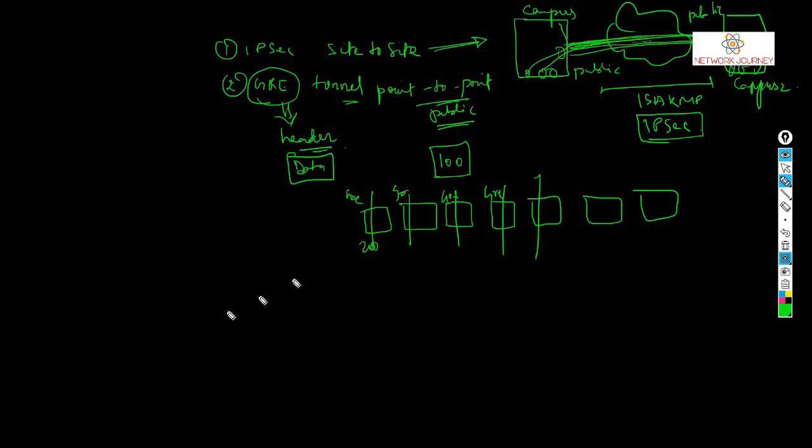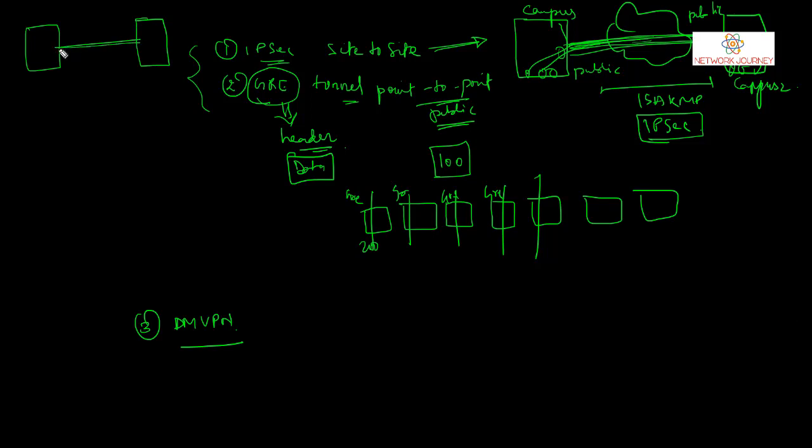Now today we are going to check DMVPN. From these two points of view, IPsec is when you have two sites in a point to point connection. There is no third site. So in the case of site to site, you have one campus here and a second campus here, so your tunnel is just point to point. What if you want to bring in another campus? You have to lay another point to point connection, right?